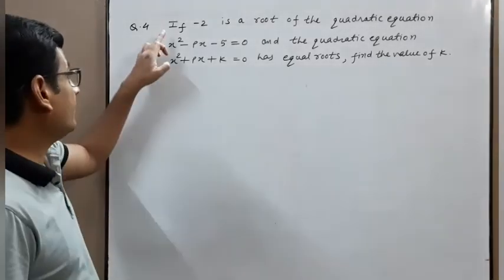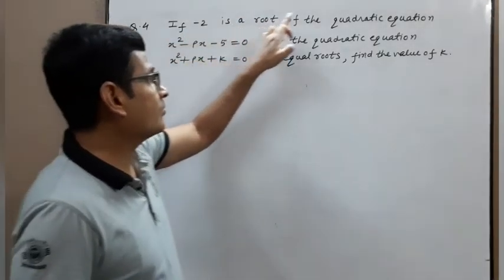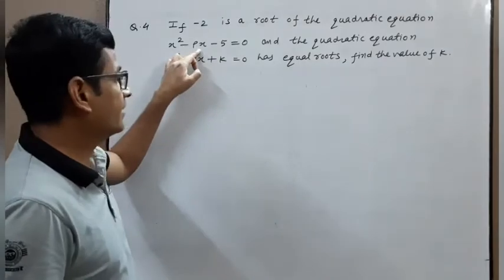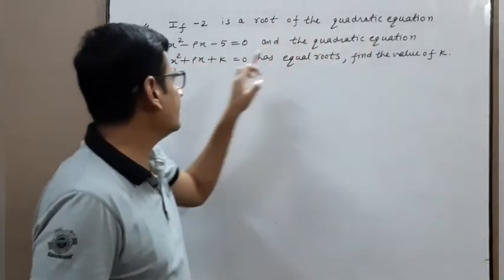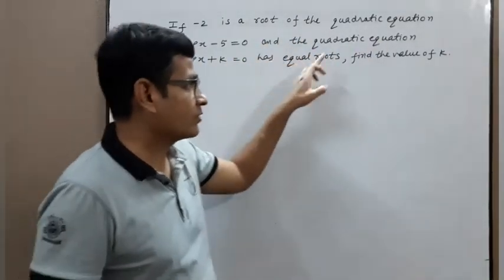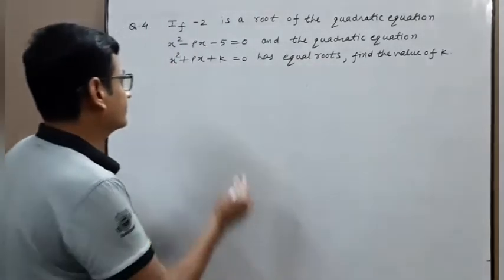Next problem. If minus 2 is a root of the quadratic equation, and the quadratic equation has equal roots, find the value of k.